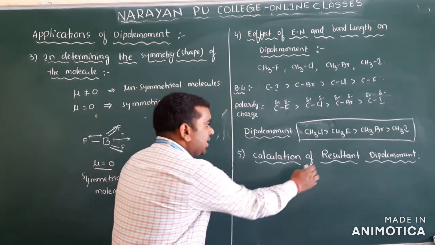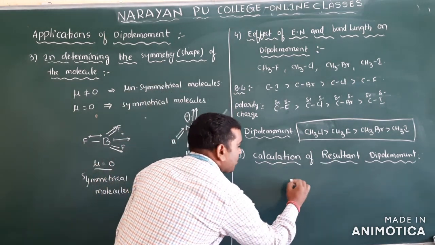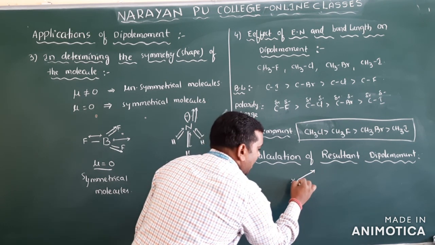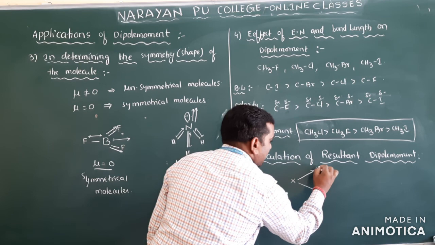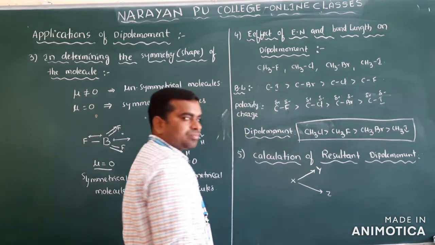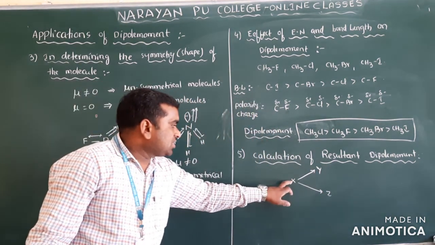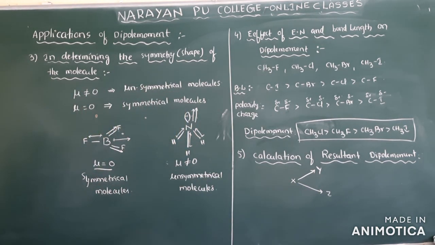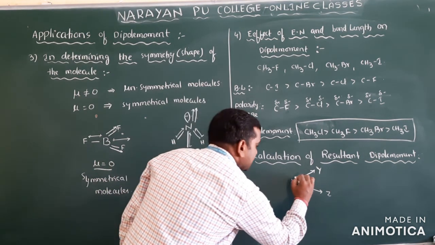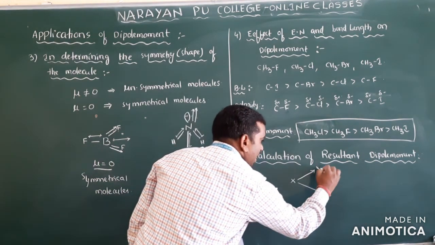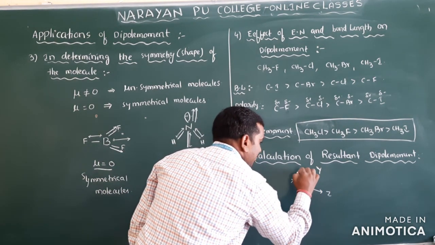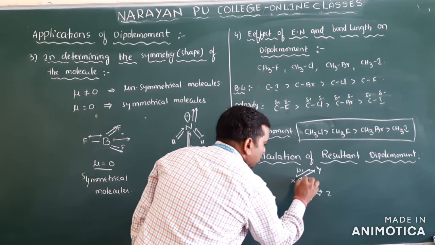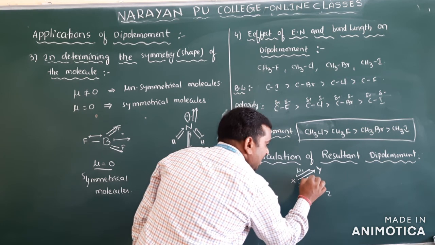We will discuss here. Suppose I write here there is an X, and here two atoms are there, Y and Z. So this is the central atom to surrounding atoms. Just assume these are more electronegative. The dipole moment for this bond is mu1 and the dipole moment for this bond is mu2, and both are inclined at an angle theta.